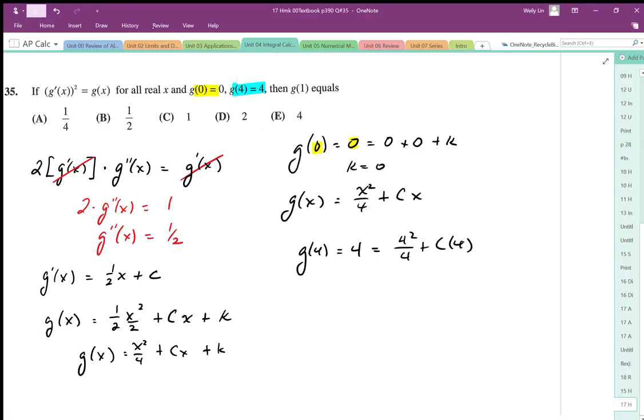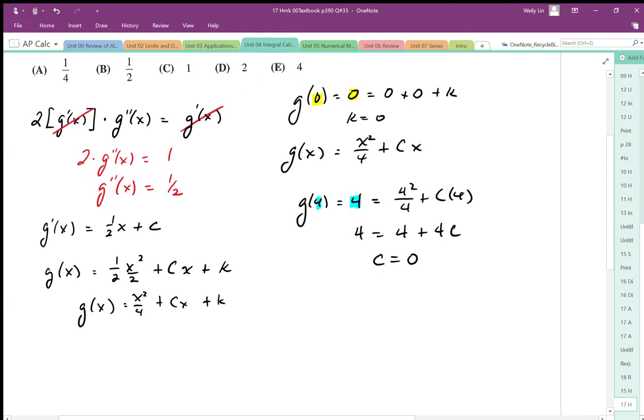Okay, so there's my 4 and 4. I can solve this equation for c. So here I end up with 4 is equal to 16 divided by 4 is 4 plus 4 times c. In this case, c is equal to 0 as well.